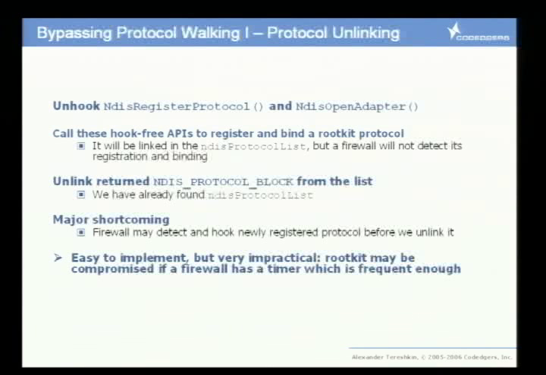But then the rootkit unlinks this protocol because it already knows this protocol list head, and the information about the address of this protocol list head is required here because this list is singly linked, and we cannot find the head of the list by walking the list upwards. The major shortcoming of this method is that a firewall may detect and hook newly registered protocols before we unlink it. So this solution is easy to implement, but it's not practical.